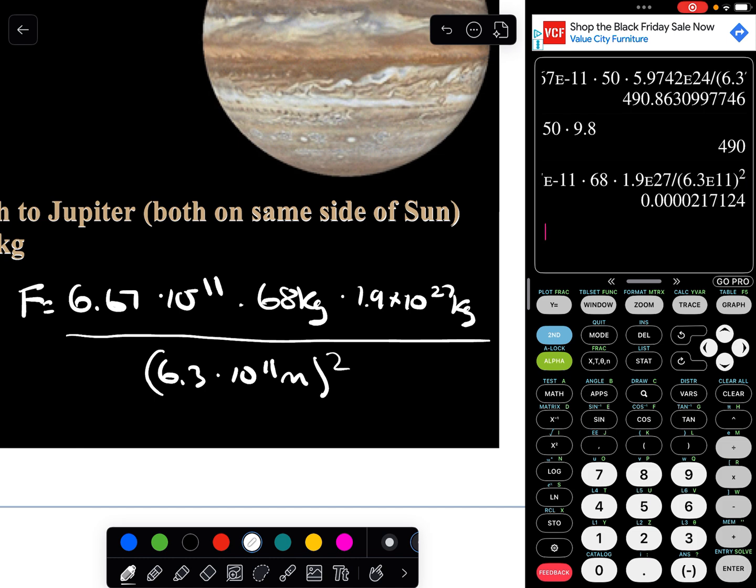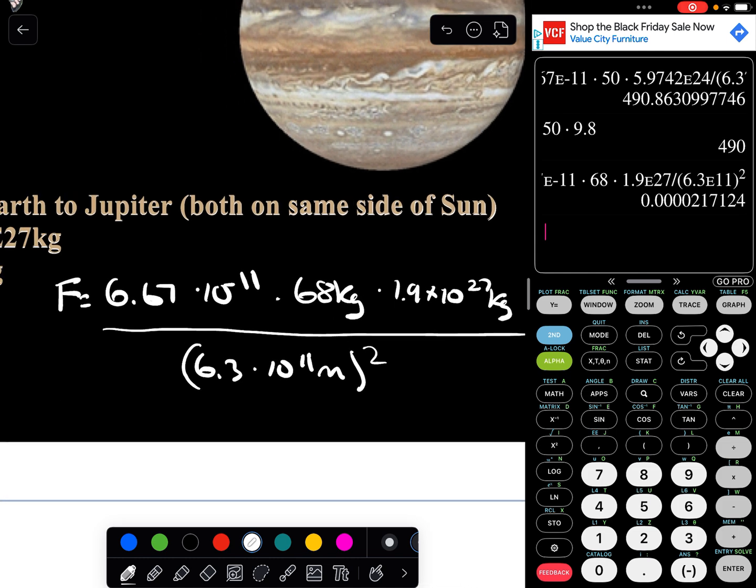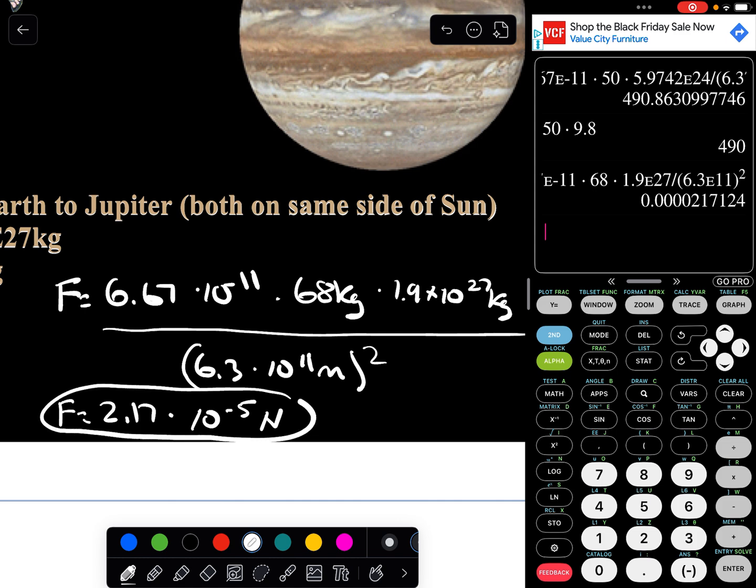So now we hit enter, and we get a really small number here, 0.0000217. So really, that's 2.17 times 10 to the negative 5th newtons. So pretty small, right?